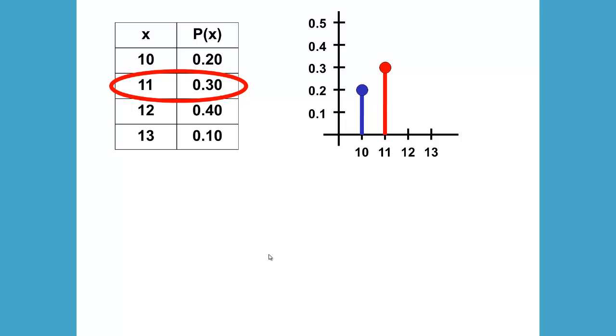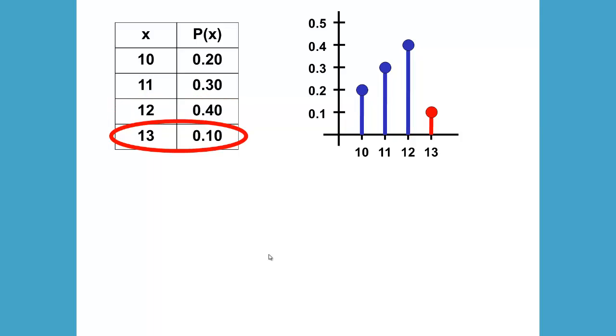We can graph each of the next values in the same way: 11 up to the 0.3, 12 drawn up to the 0.4, and 13 drawn to the 0.10.